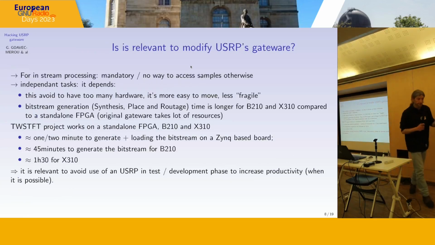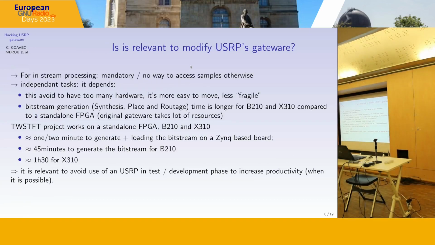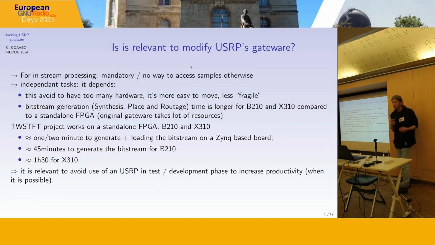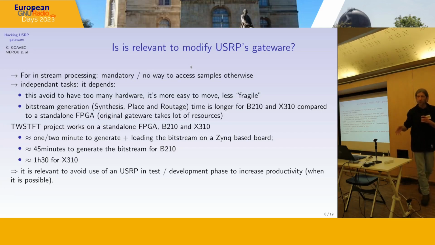Second thing: is it relevant to modify the gateware instead of using another FPGA? When you work in-stream, when you have to modify samples, it's not possible to have another solution. You have to modify the gateware of your USRP.